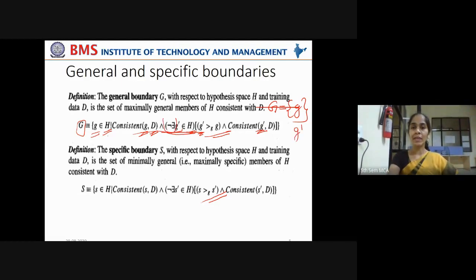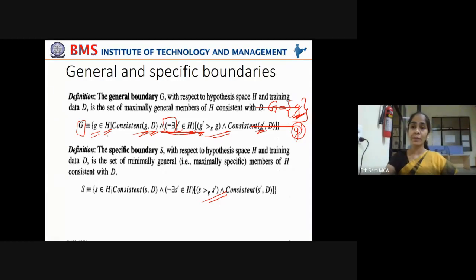This is what we mean: there should not exist a G dash that belongs to the hypothesis space H which is more general than G.